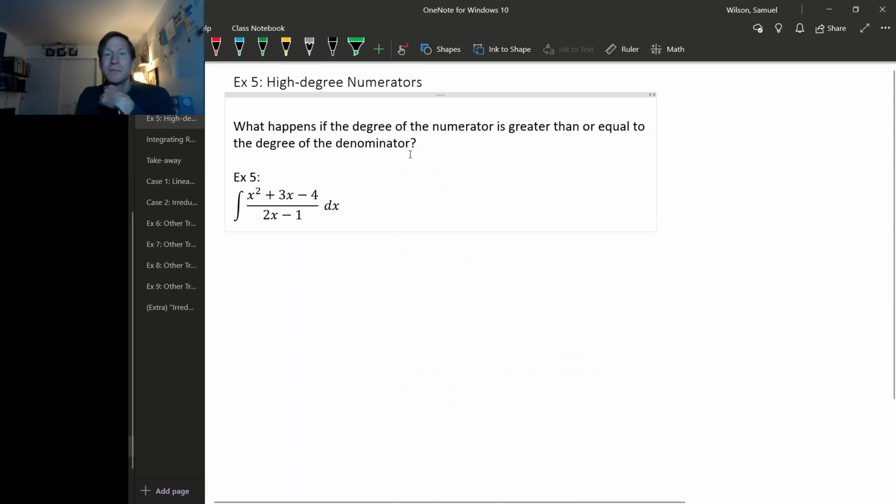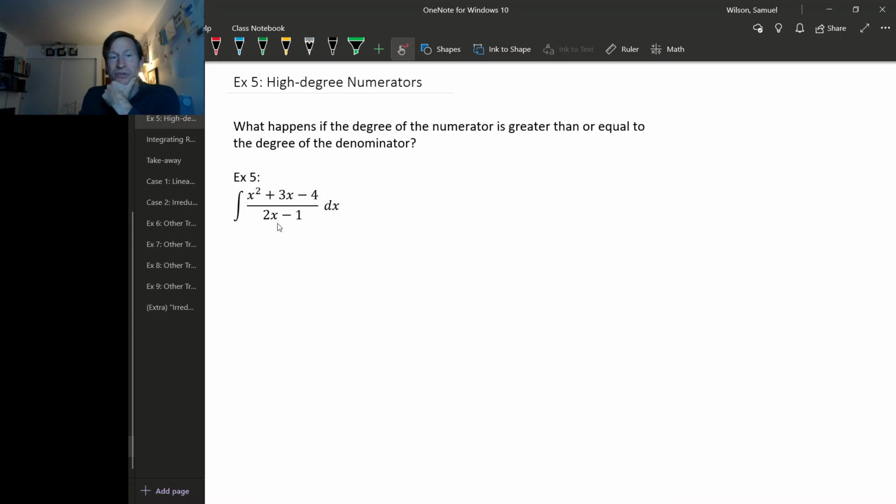One final example that we should look at is what happens if the degree of our numerator is larger than the degree of our denominator. So if you look at all those previous examples, the degree of the numerator was 0 on all of them. But what happens if we have a polynomial in our numerator that's actually of larger degree than the polynomial in our denominator?